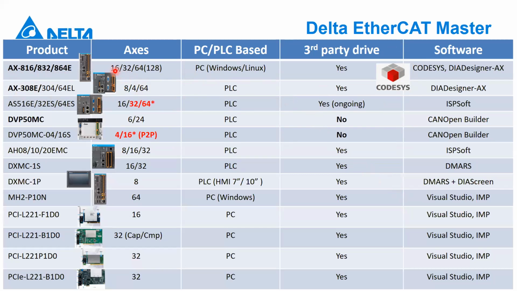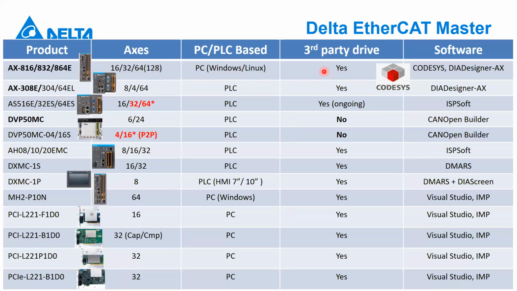AX8 starts from 16, 32 to 64. And for the 64 one, if you modify the DC time, or synchronize time, to 2 milliseconds, then it can control up to 128 axes. And this one is PC-based, and we have both Windows and Linux versions.